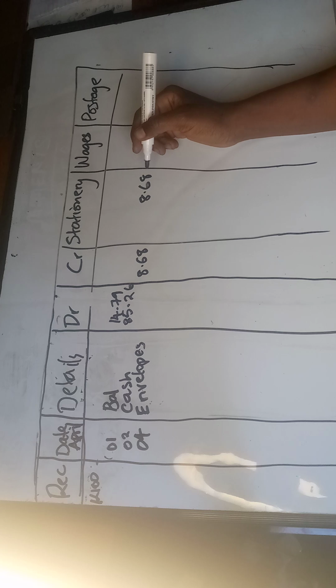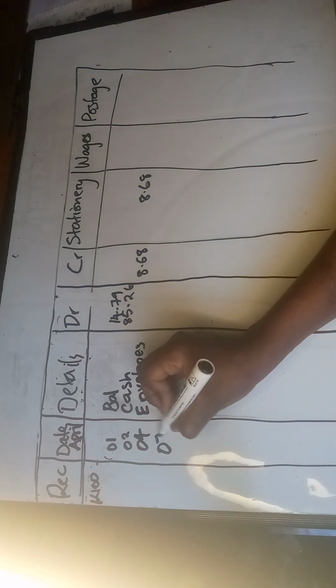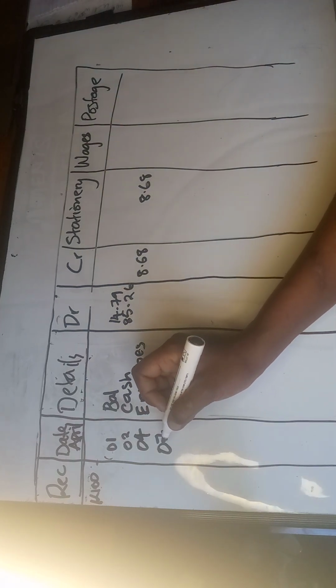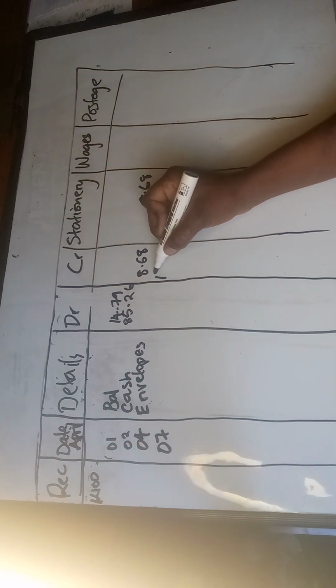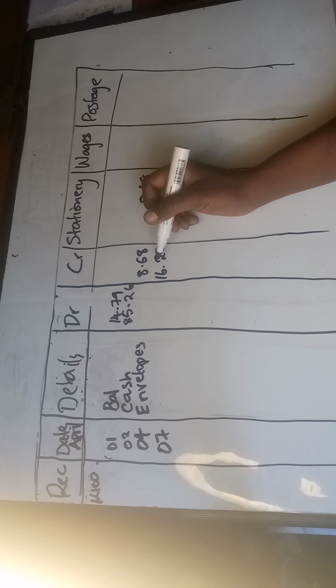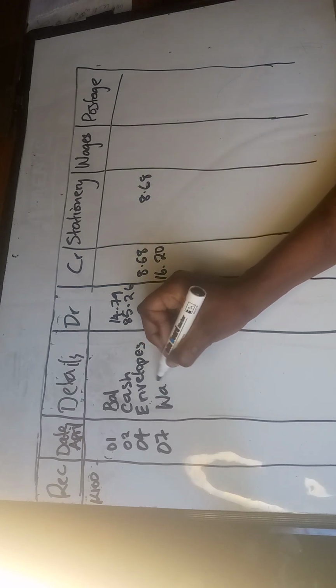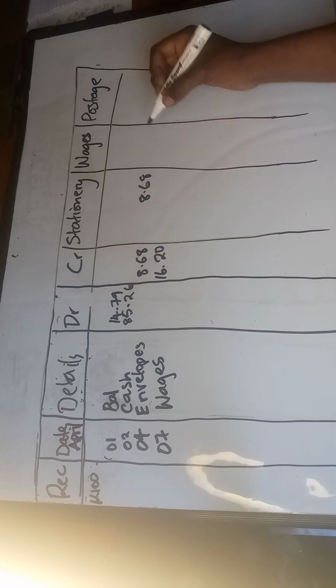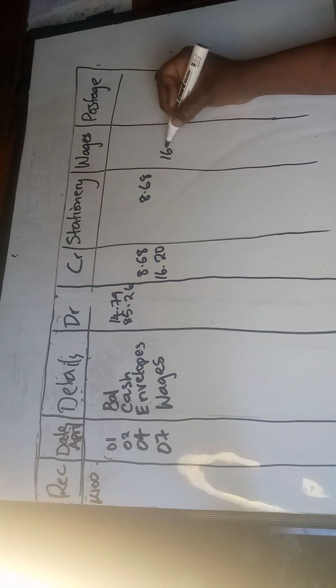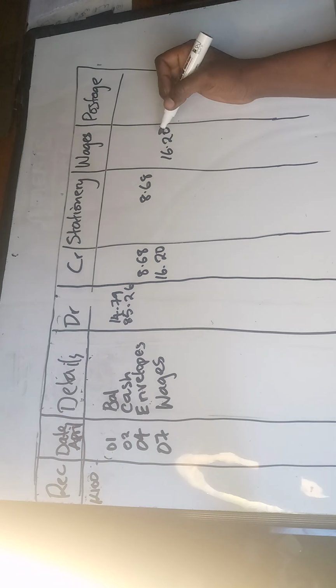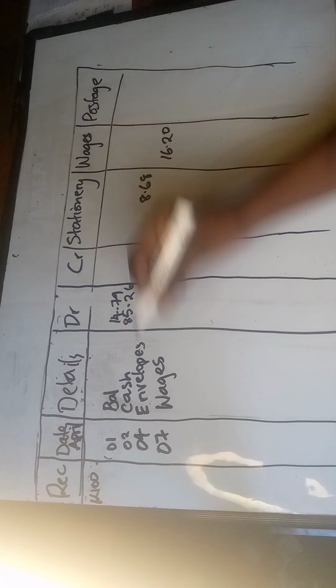Then we go to the next one on 7th April, so we'll put 07. Paid wages 16 kwacha 20 ngwe. So money is going out of the pocket, so 16 kwacha 20 ngwe. Then under the details we'll put wages, and also under the wages column we're going to put 16 kwacha 20 ngwe. We'll go to 10th of April.